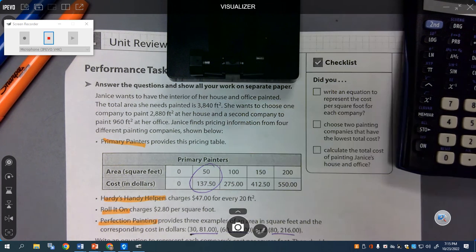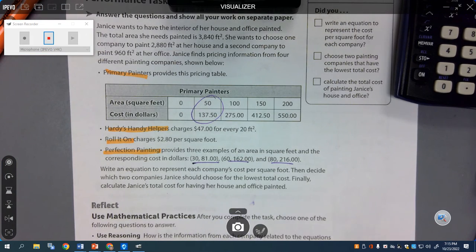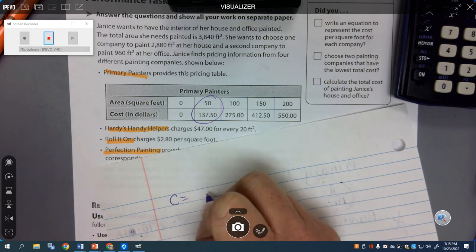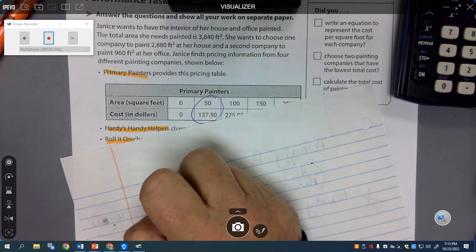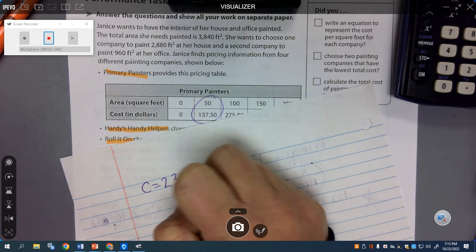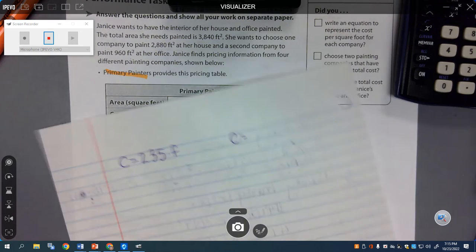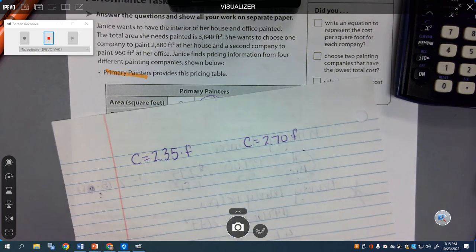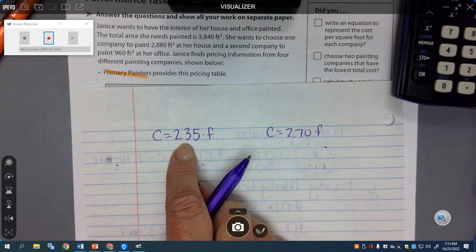It says right down here, find the total cost. So here are my 2 equations: cost is $2.35 per square foot, and the other one is $2.70 per square foot.